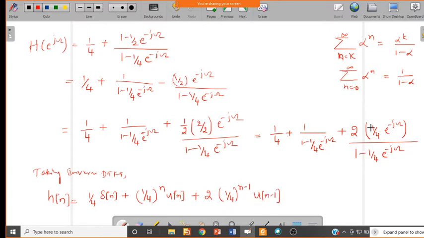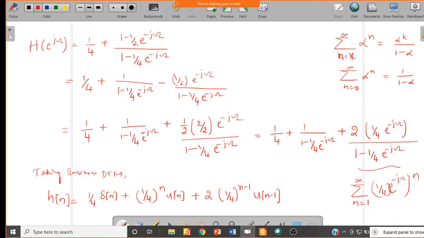Since it is varying from 1 to infinity, the k value in this expression will become 1. Just if you compare this one, you will get summation n equal to 1 to infinity 1 by 4 into e power minus j omega whole power n. So this is similar to this expression.